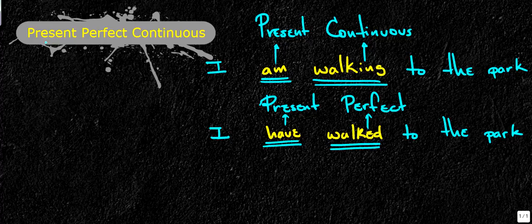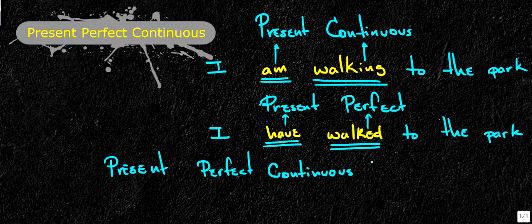Now we are talking about present perfect continuous. And so now it should not be difficult for you to understand how the structure is going to be in present perfect continuous. You see, present continuous, we have two verbs. Present perfect, we have two verbs. Present perfect continuous, we're now going to have three verbs.